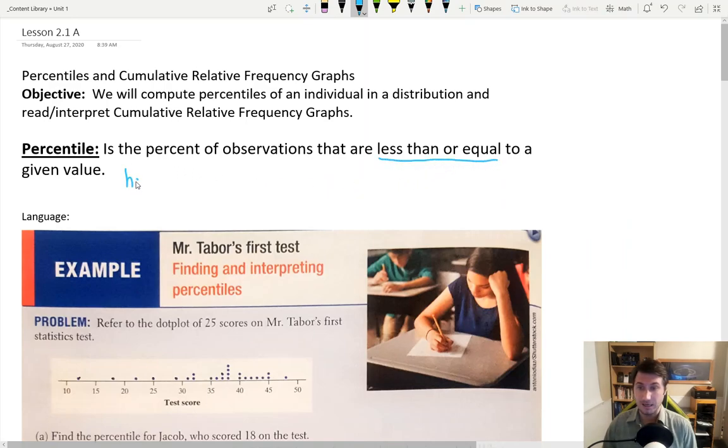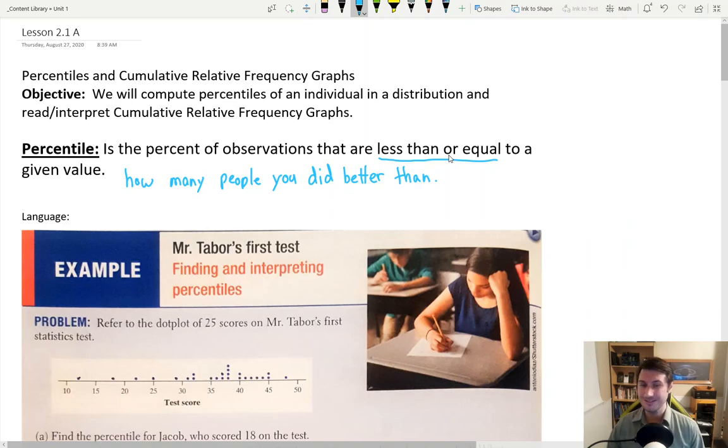It's how many people you did better than. And yes, you do better than yourself. So if you got your SAT scores and you were at the 92nd percentile, that means you did better than or the same as 92% of other students.